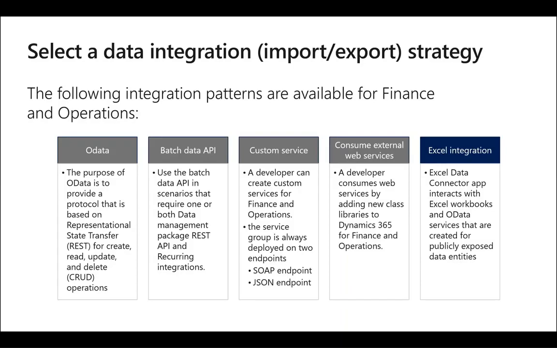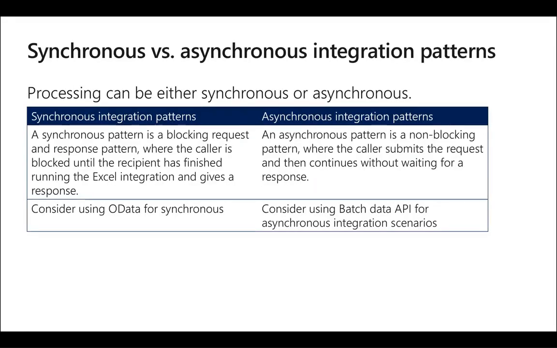Processing can be either synchronous or asynchronous. Often, the type of processing that we must use determines the integration pattern we choose. The chart here compares synchronous versus asynchronous integration patterns. A synchronous pattern is a blocking request and response pattern, where the caller is blocked until the recipient has finished running and gives a response.